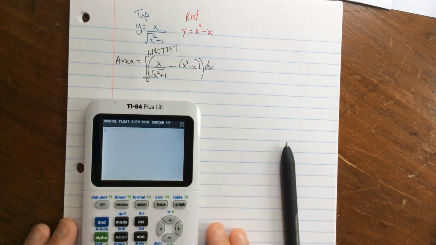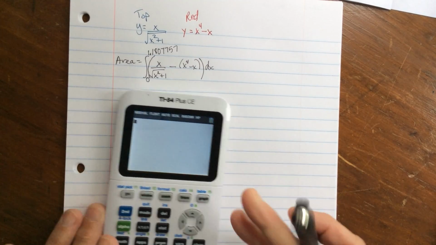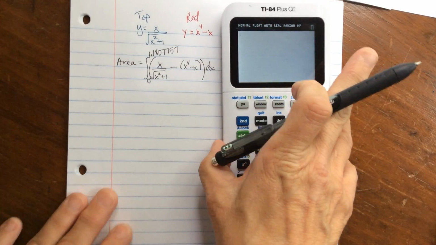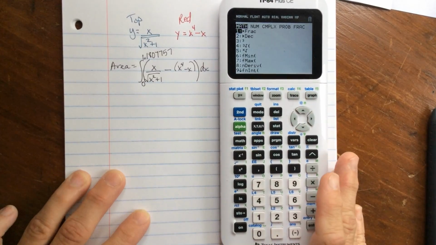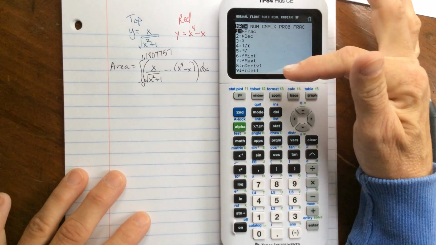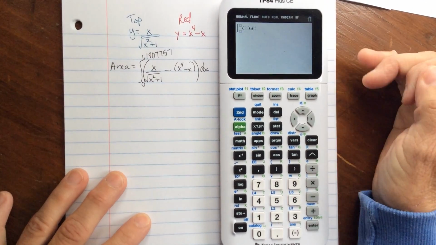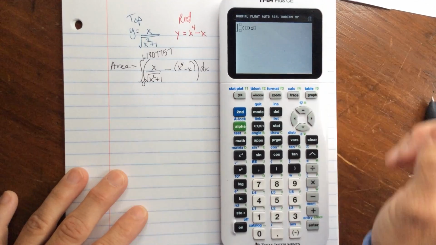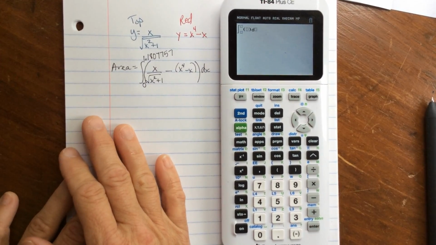So I am going to go to math, and I'm going to choose number 9 because I'm wanting to integrate. And now all I have to do is type in a little information and I'll have my answer.